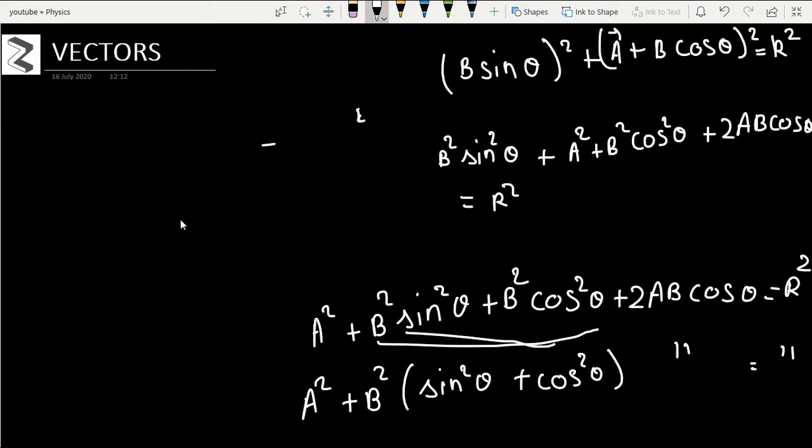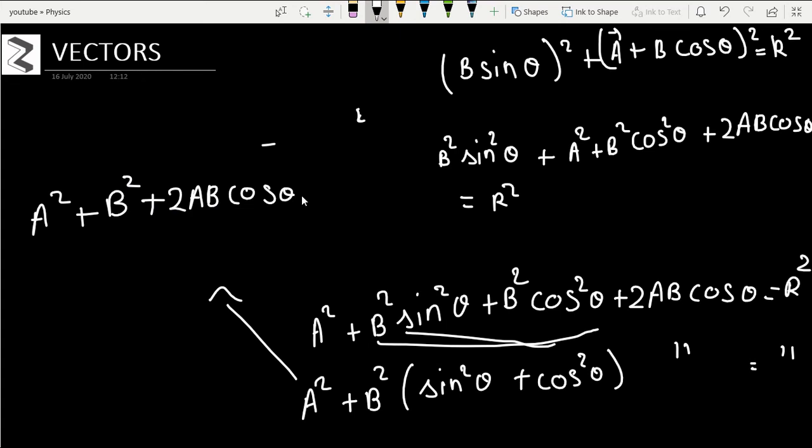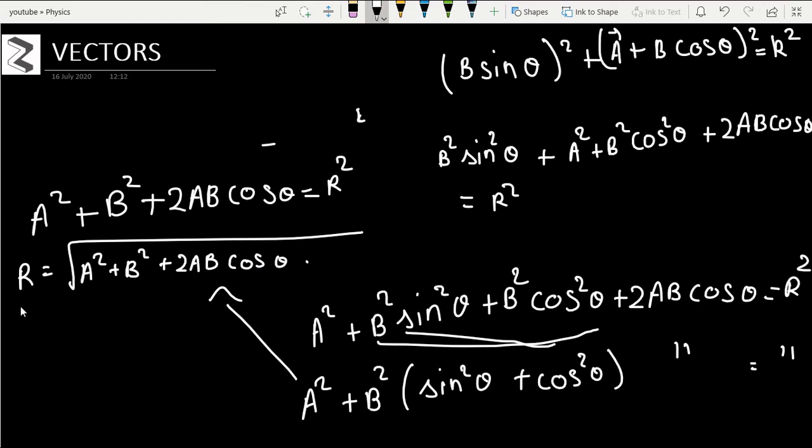So we got in the end the equation as A square plus B square plus 2AB cos theta is equal to R square. So R will become root of A square plus B square plus 2AB cos theta. Understood? So we got the formula of resultant in this whole derivation.